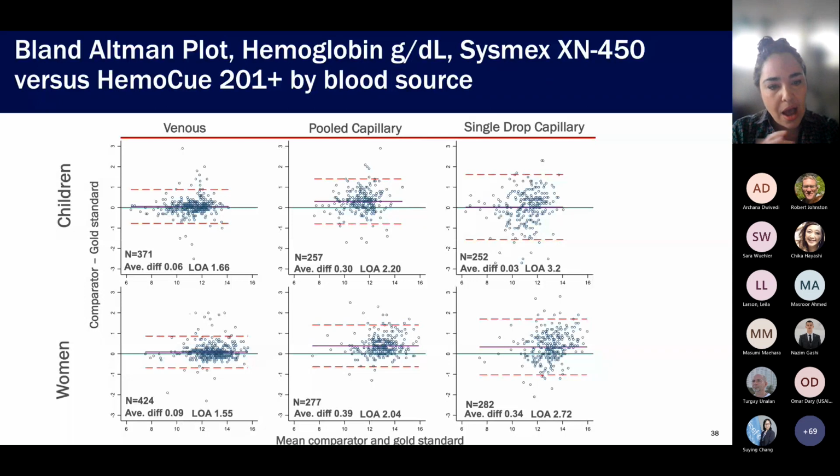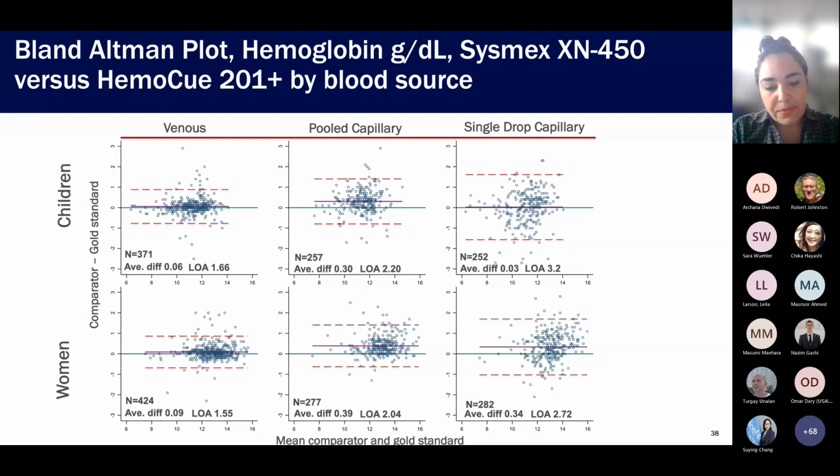You've got children at the top, women at the bottom. Venous is all the way to the left, pooled is in the middle, and single drop is to the right. So what you can see here, moving from left to right, is the least amount of variability was found in venous blood, and the greatest amount of variability was found in single drop capillary.